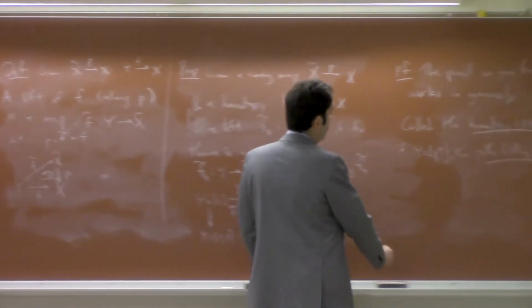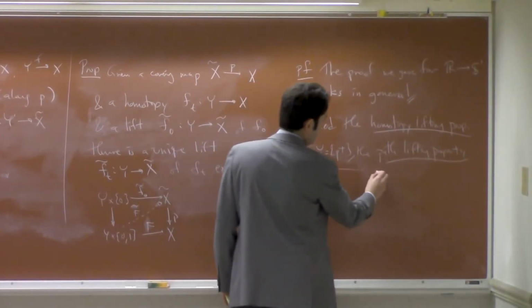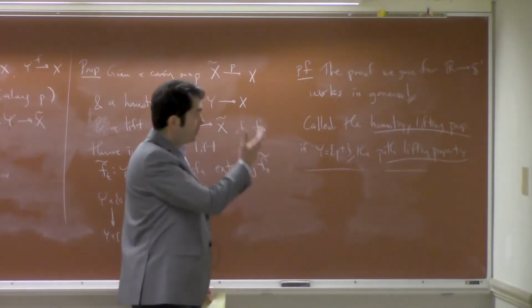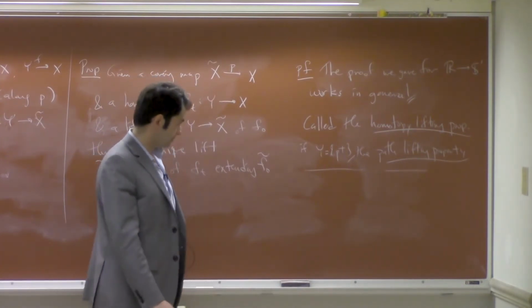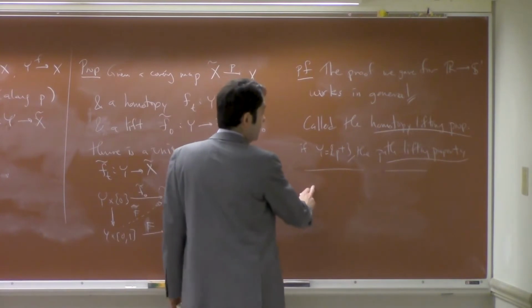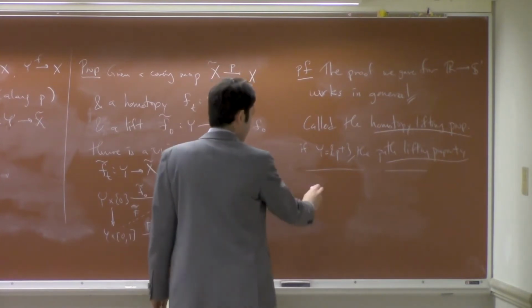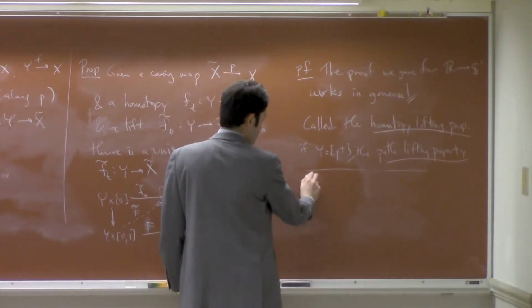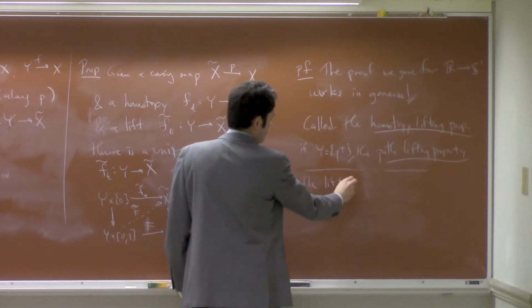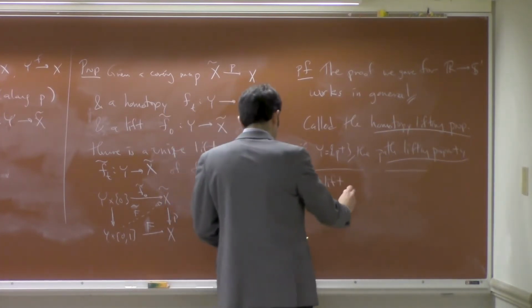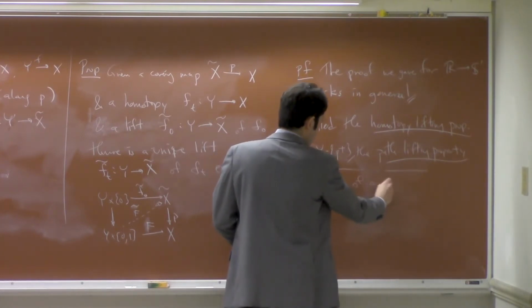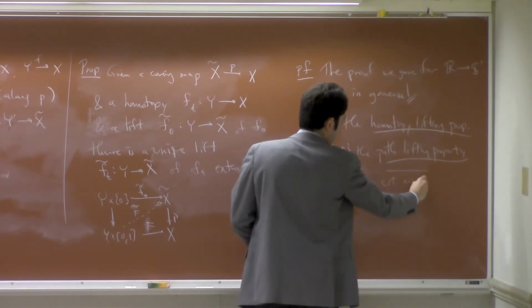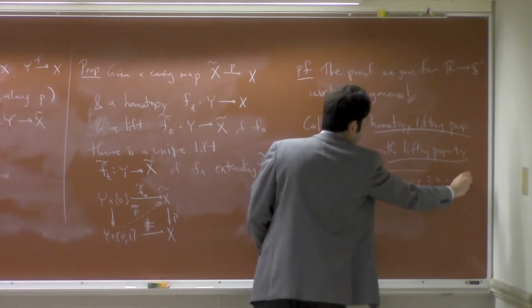Another fact that worked for us in the case of the circle, and that works in general, is that this uniqueness tells you that the lift of a constant map is a constant map.